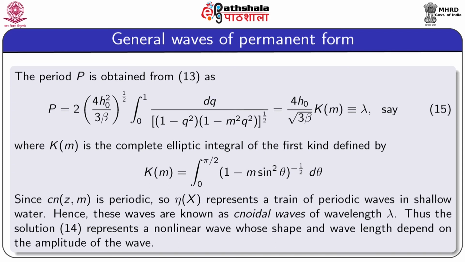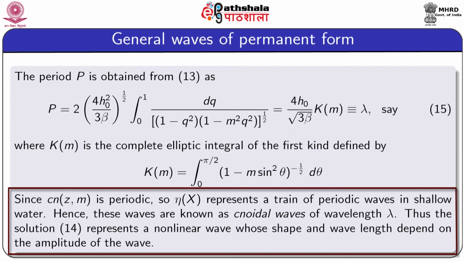So, therefore, the general solution of the KdV equation represents a train of periodic waves in shallow water, and the solution represents a nonlinear wave whose shape and wavelength depend on the amplitude of the wave.